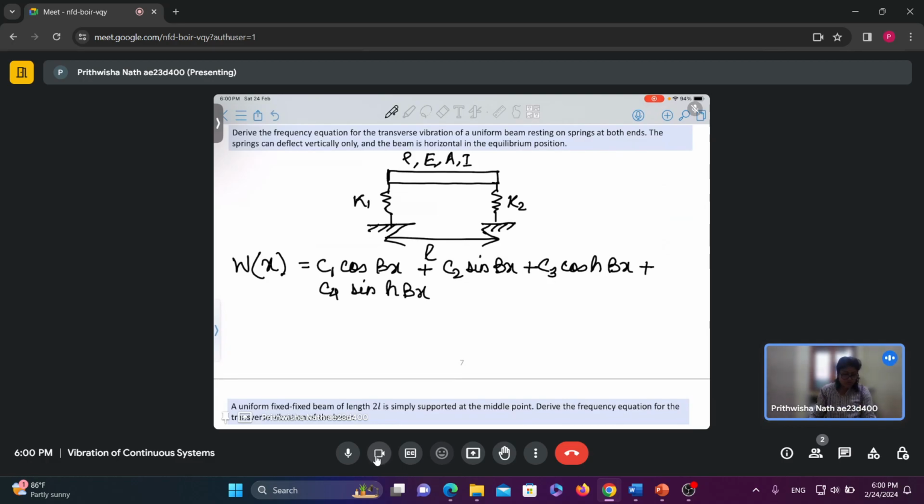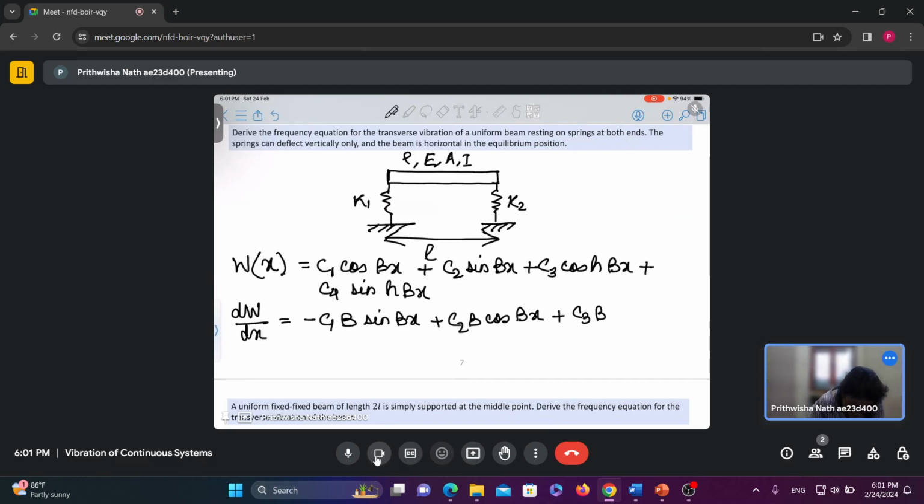Now I differentiate W with respect to x. This becomes minus C1 beta sin beta x plus C2 beta cos beta x plus C3 beta sin hyperbolic beta x plus C4 beta cos hyperbolic beta x.